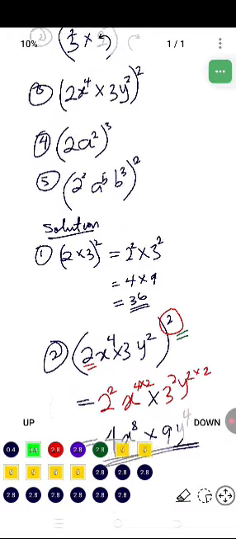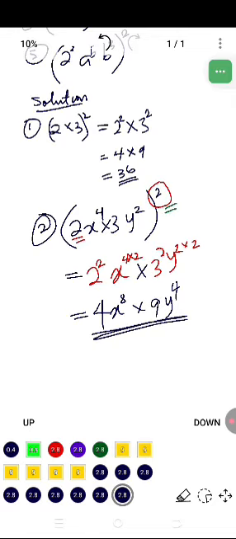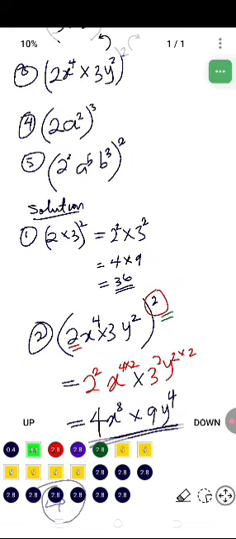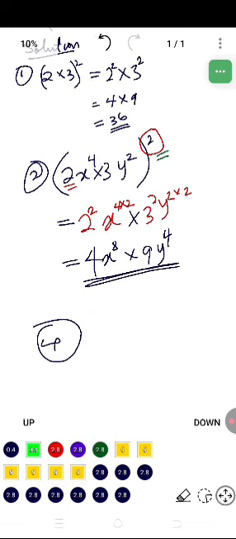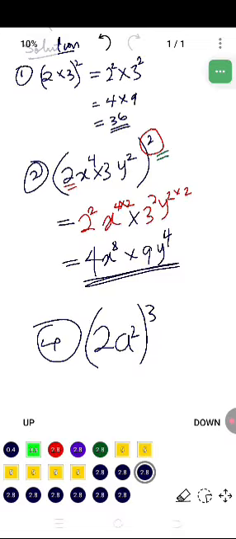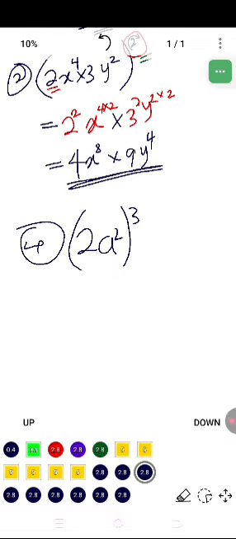So the second one, let me take number 4. In number 4 you have (2a raised to power 2) in bracket raised to power 3. From this will give us 2 raised to power 3, then a raised to power 2 times 3.